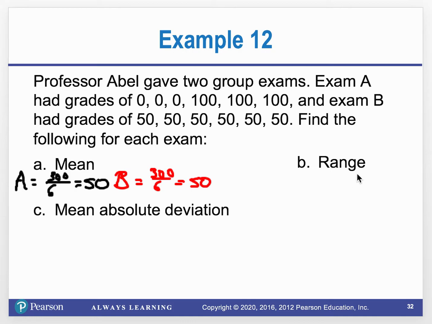Okay, so the range, since I'm in red, I'm going to do B first. The range is simply the highest minus the lowest. So 50 minus 50, in this case, is 0. And then for A, I'd have 100 minus 0, or 100.